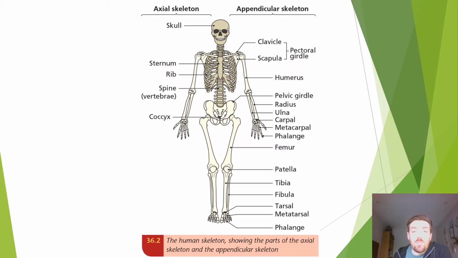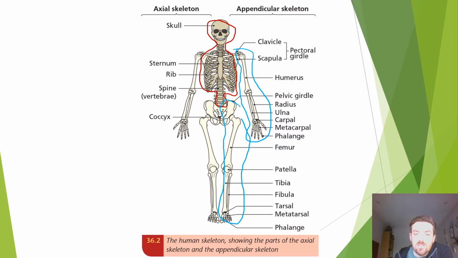Okay. So I lifted this diagram from the book, and it's a good one because it just shows the two main types. So you've got your axial skeleton. This guy is on an axis, so there he is. That's your axial skeleton. And then the appendicular is basically the bits on the outside. So there's one appendage, there's another appendage, hence why it's the appendicular skeleton.